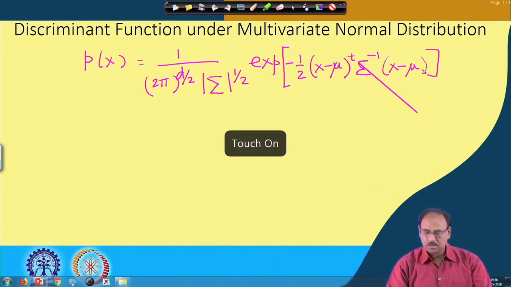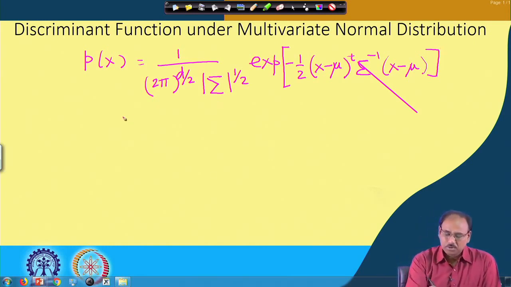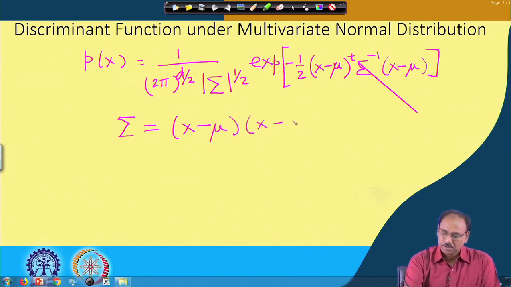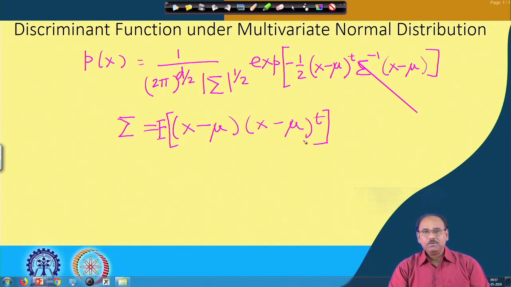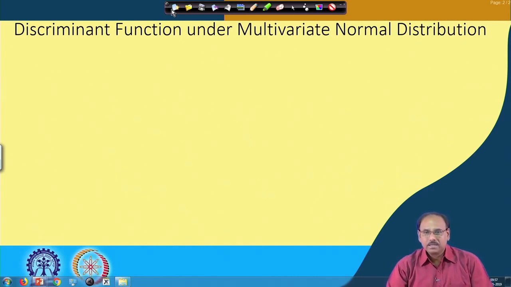So, this was the normal distribution under the multivariate case, where this covariance matrix sigma is nothing but the expectation value of x minus mu into x minus mu transpose. That is the covariance matrix, and mu is the mean of all the samples, all the vectors that we have.